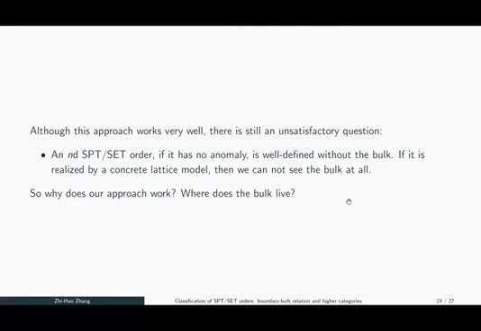If you try using a lattice model to realize this SPT order, you cannot see the bulk in the lattice model. This is very mysterious. So you see the SPT order has a bulk, which is a trivial SPT order. But now, if you realize it by a concrete lattice model, the bulk cannot be seen.